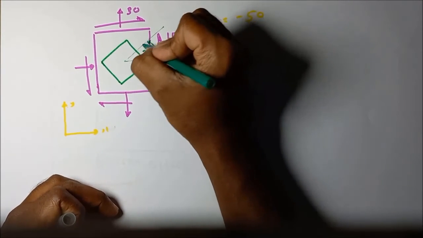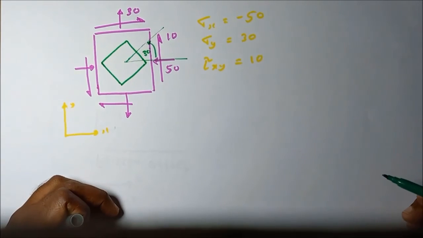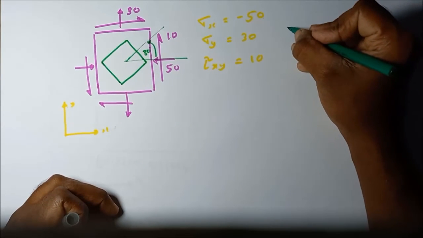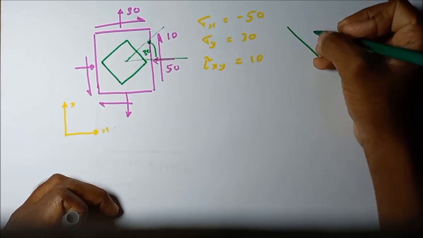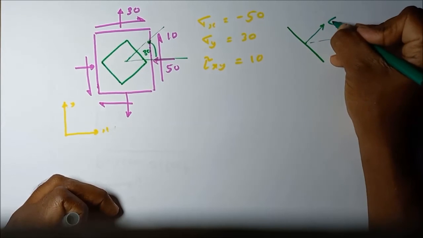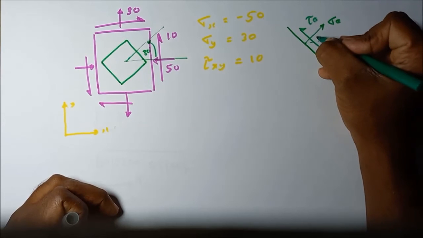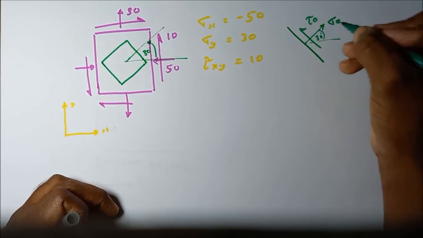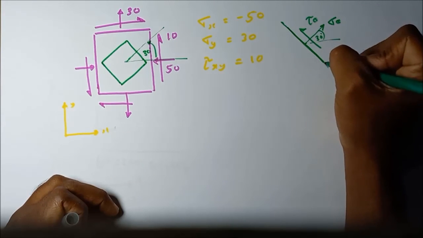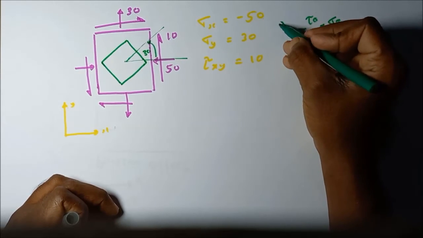Then what are the stresses acting on this inclined plane? The problem is asking that. Then how to find that? Actually, we are finding the stress sigma theta and tau theta for the inclined angle 30°. If we know the stress acting on this face, the other faces we can easily mark.